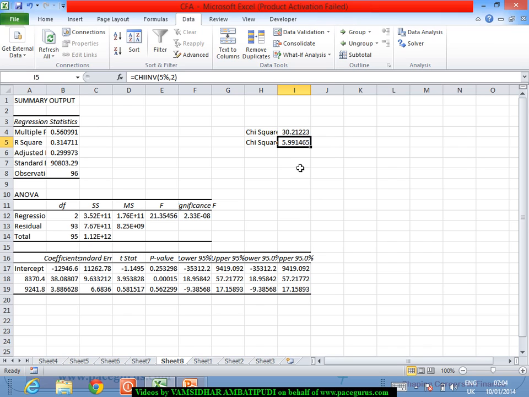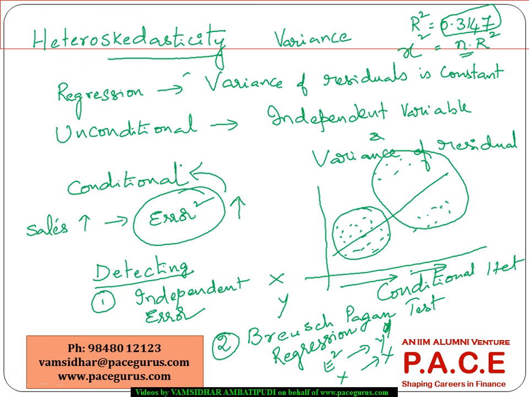Here I can reject the null hypothesis, because in the Bruch-Pagan test, we call it the BP test, the null hypothesis is no conditional heteroskedasticity, whereas the alternate hypothesis says there is conditional heteroskedasticity.